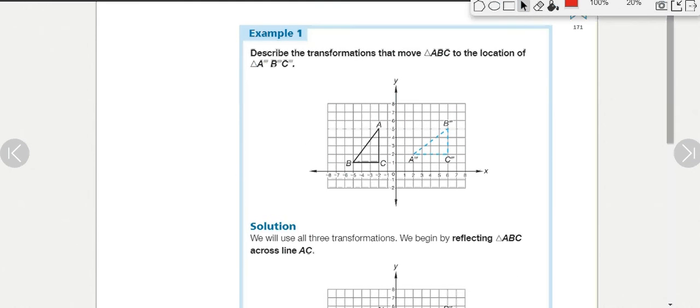What's the transformation in example 1? We go from triangle ABC to triangle A prime, B prime, C prime. Well, it's 1 up, so that means there is a, what did we call the slide again? Is that translation?